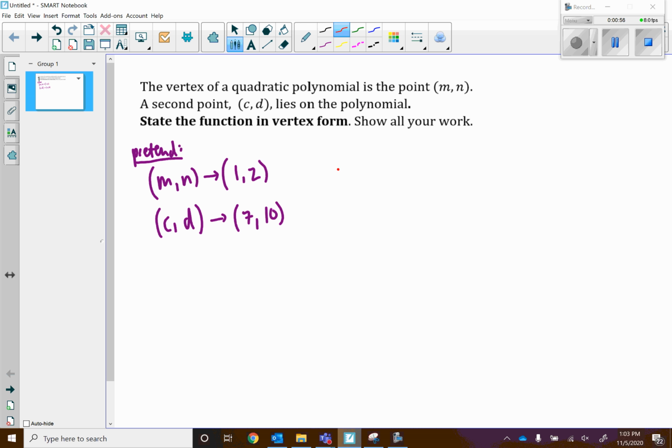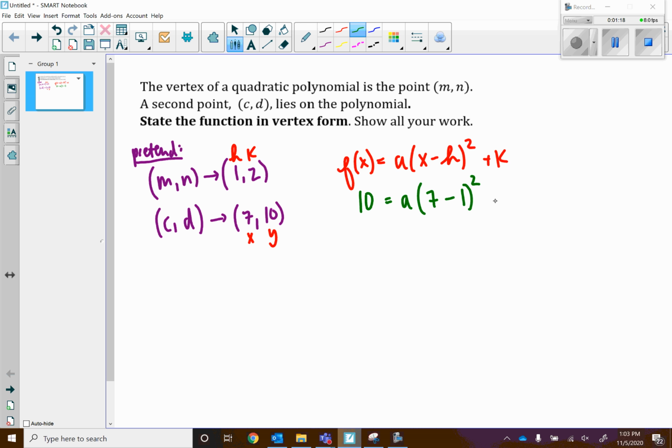So vertex form of a function: f(x) is equal to a times the quantity x minus h squared plus k. We know this is (h, k), and this is some (x, y). So we plug things in: 10 is equal to a, which we don't know, times the quantity 7 minus 1 squared, plus 2, which is k.